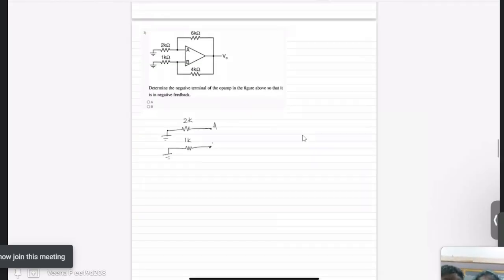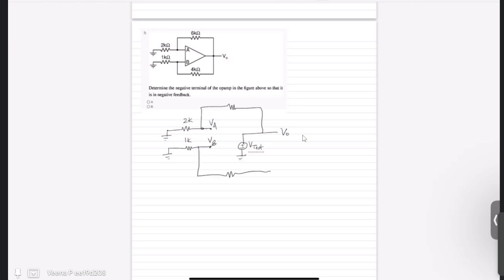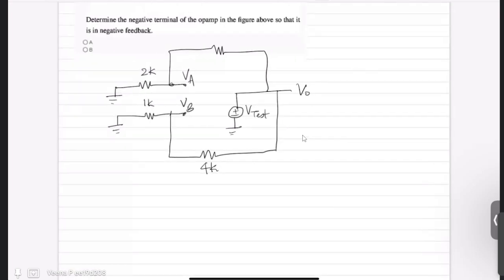Now this is my A and this is my B. So this is VA and this is VB. Now this part is connected through a 6 kilo ohm resistor to your output, where the output I am replacing with a test supply source. And here you have another 4 kilo ohm. So this is your equivalent circuit.